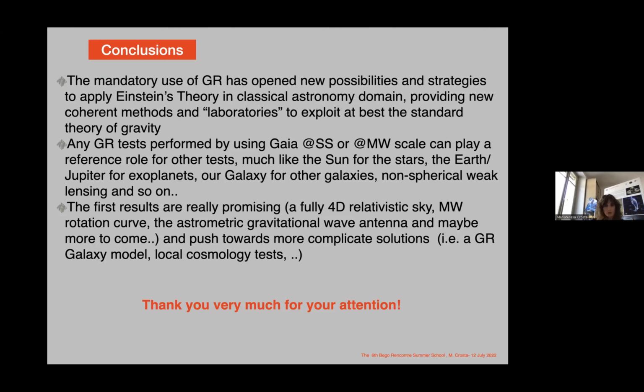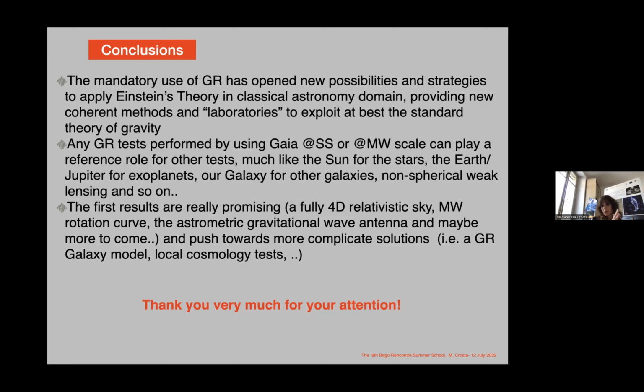Any general relativistic test performed using Gaia, both at the solar system or Milky Way scale, plays a reference role for other tests, much like the Sun for the stars, Jupiter for exoplanets, our galaxy for other galaxies, non-spherical weak lensing, and so on, in the case of the quadrupole for Jupiter.